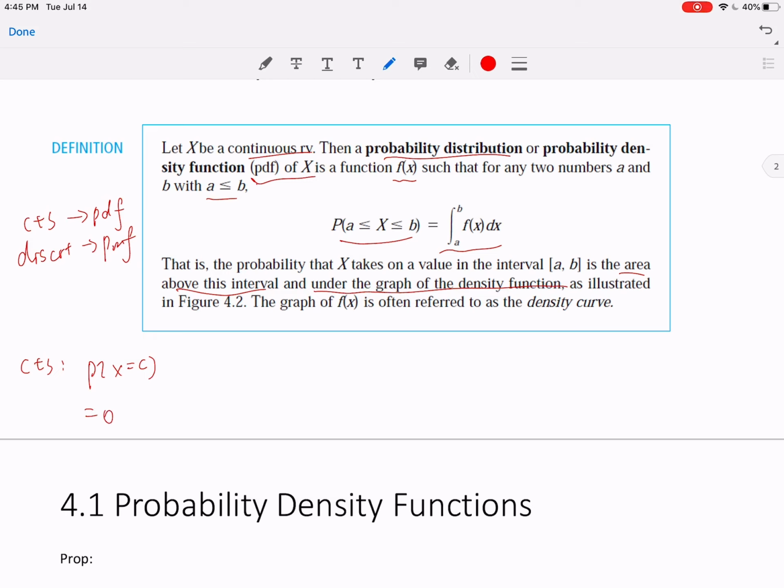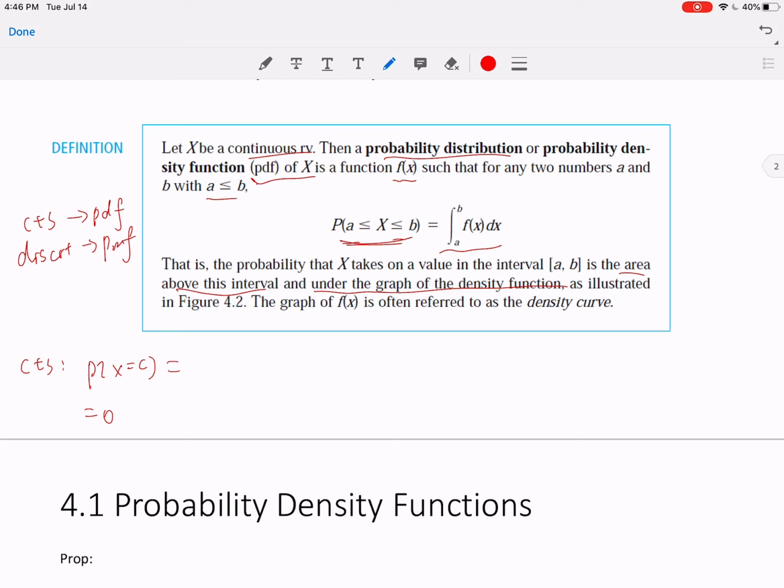And I think I mentioned this before when we learned how to distinguish discrete random variables and continuous random variables. And actually, we can prove this by using the definition here. We know that the probability that x is greater than or equal to a and less than or equal to b is computed by integration over a to b.